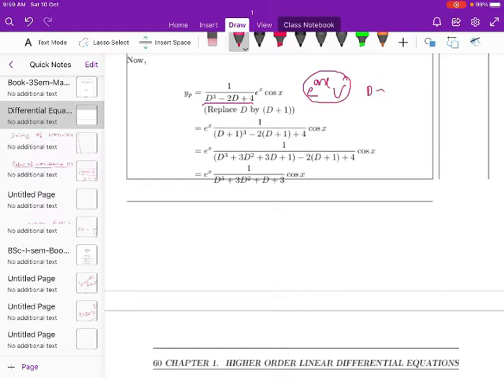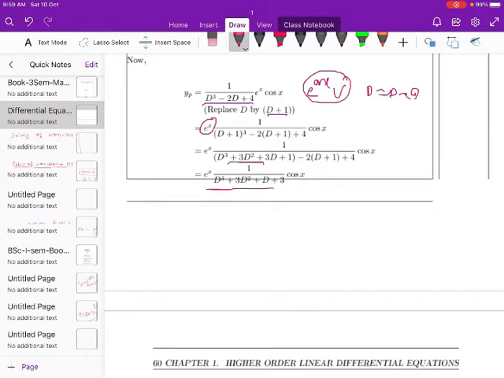For this case you have to operate d plus a wherever there is d. Here a is equal to 1, so operate d plus 1. So e power x, and I write here 1 by (d plus 1) whole cube minus 2 times (d plus 1) plus 4, into cos x.